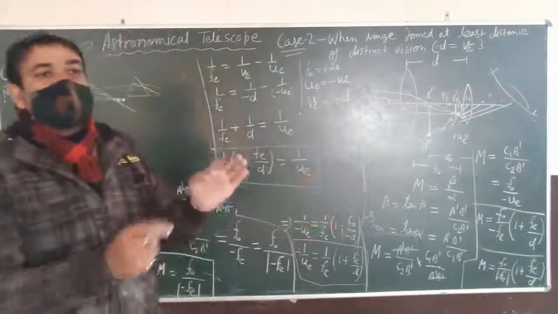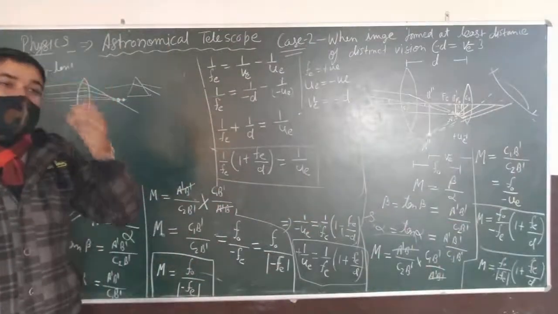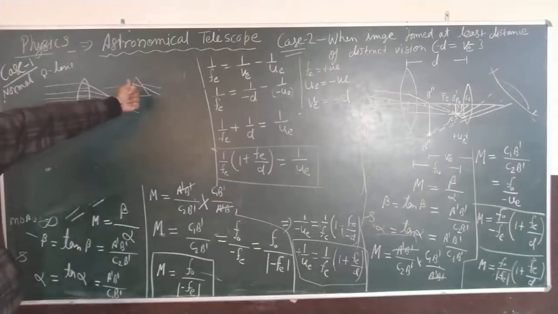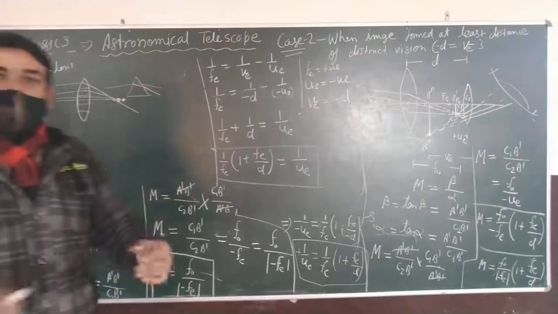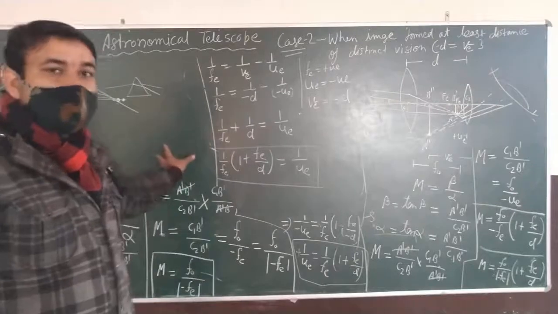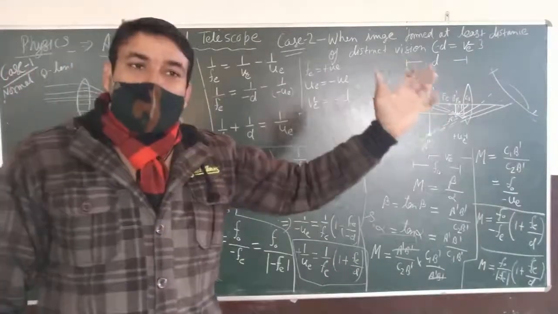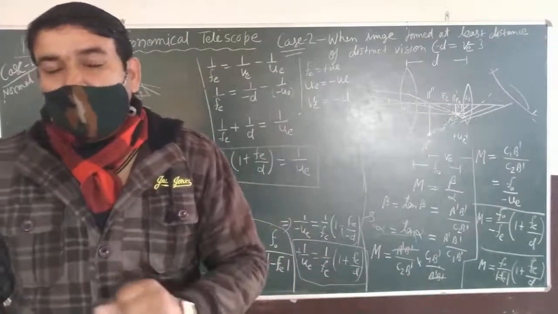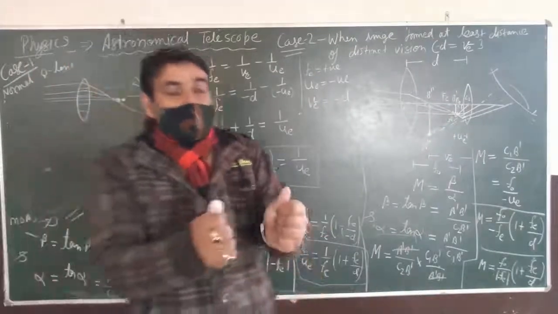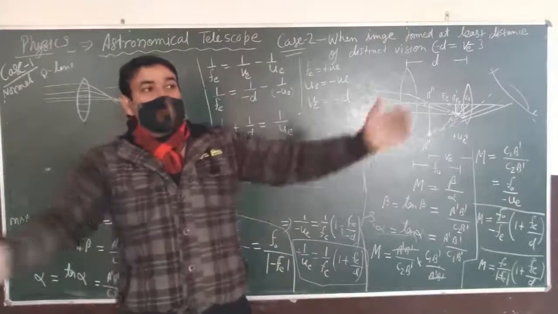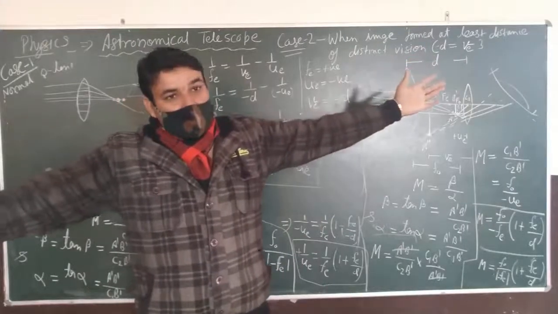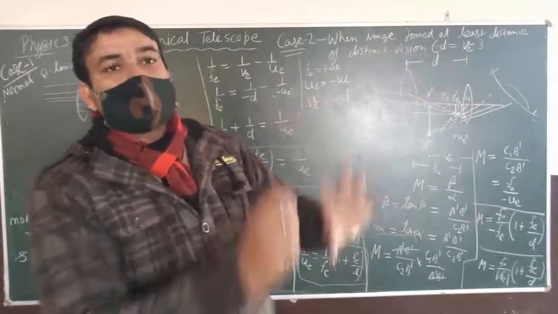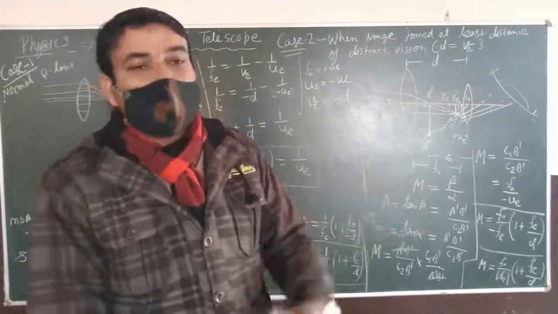This will be reduced by using a very large objective lens and eye lens, an objective of bigger focal length and an eyepiece of small one. But if we do so, we have very big telescopes which are not able to focus on the star because of their heavy weight.